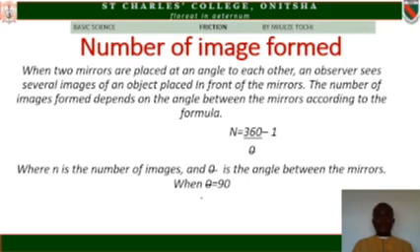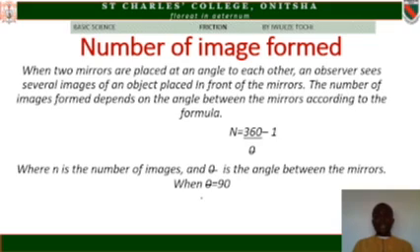The number of images formed by plane mirror, n, is equal to 360 over theta minus 1, where n is the number of images formed and theta is the angle between the mirrors.